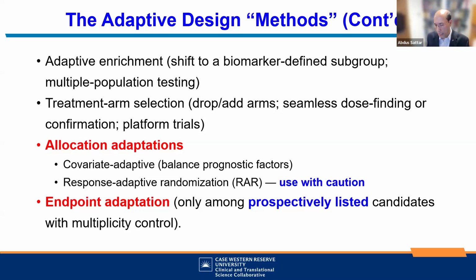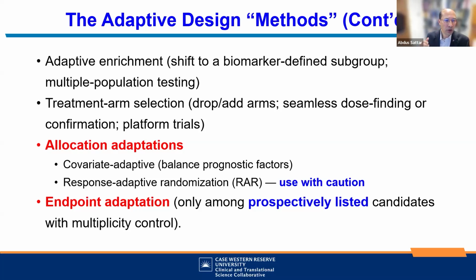In our case, if the trial is efficacious when we check at the interim analysis, if we find that the drug is effective, then we'll stop the trial on that arm and apply this drug in clinical practice. So adding and dropping arms is possible in adaptive trial design, which was not possible in standard RCTs.